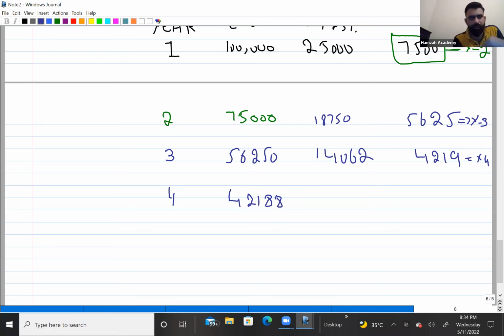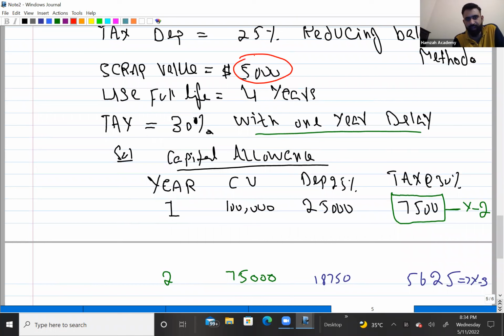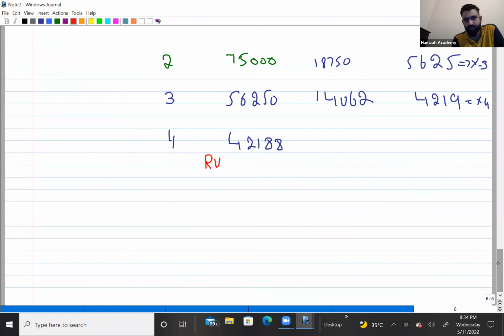Now, from this value in the last year, you will deduct the residual value, the scrap value. The scrap value was $5,000. So the $5,000 will be deducted, and after the deduction of the $5,000, we have a balancing allowance.